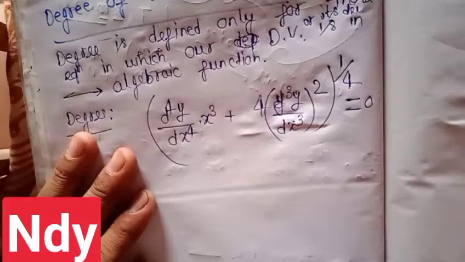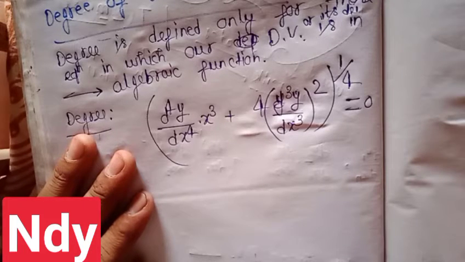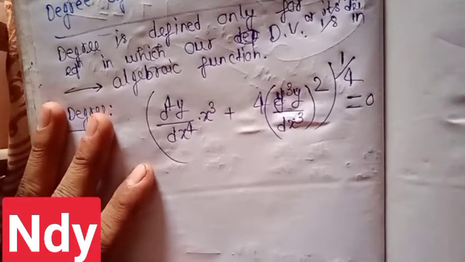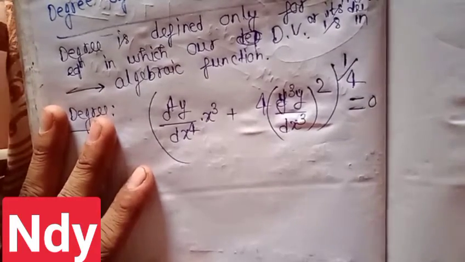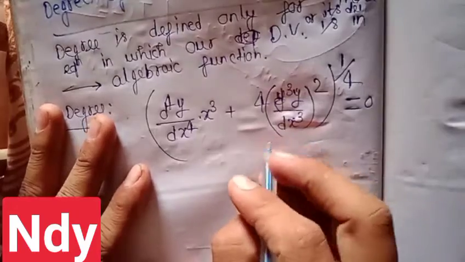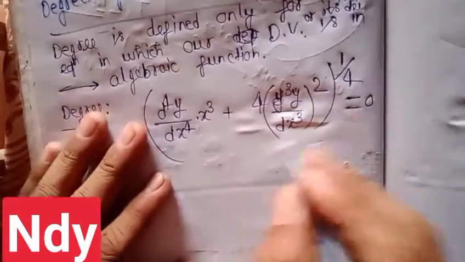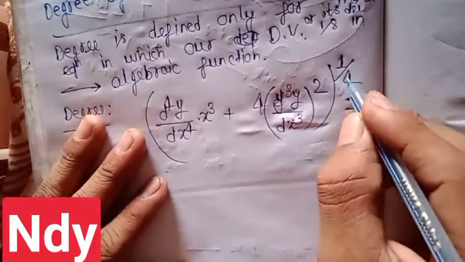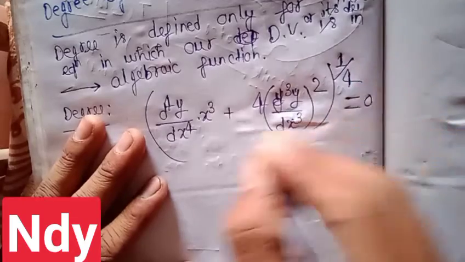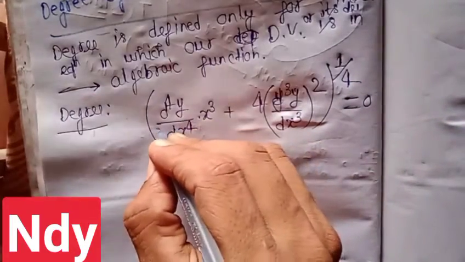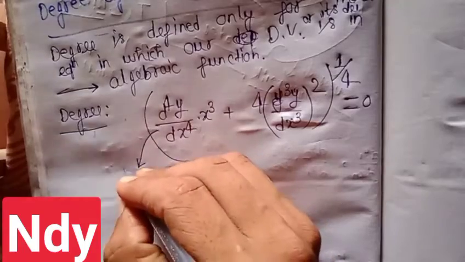In this case what we have to remember is that the dependent variable and all its derivatives must be free from fractional powers. Its power is 1 by 4. If we talk about the order, the order is clearly 4.